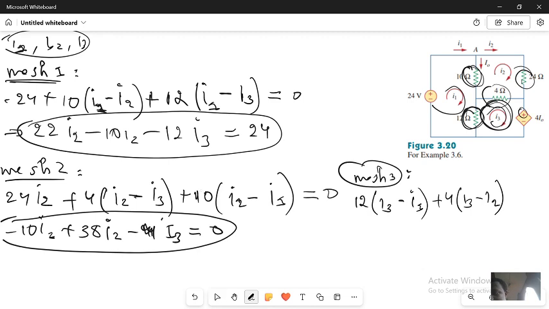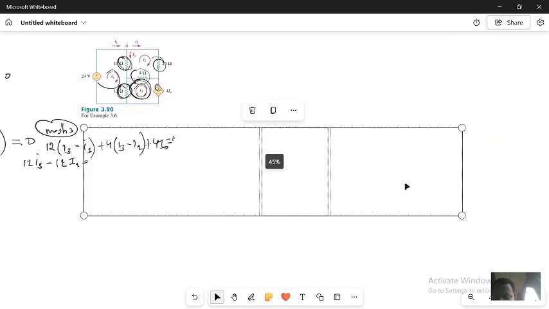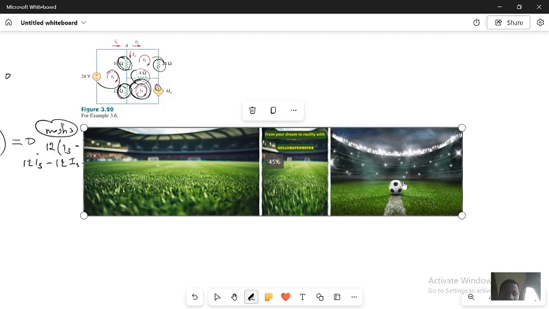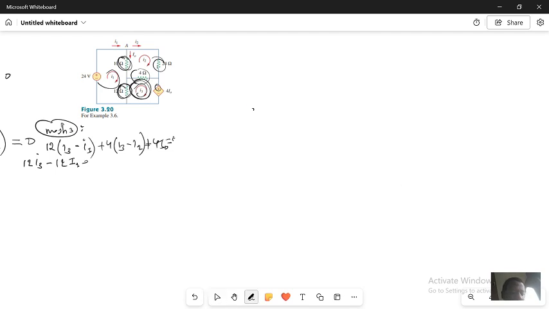because the arrow will come in this positive, plus I will have plus 4 I0 equal 0. Now I will have 12 I3 minus 12 I1 plus 4 I3 here minus 4 I2 here plus 4 I0.